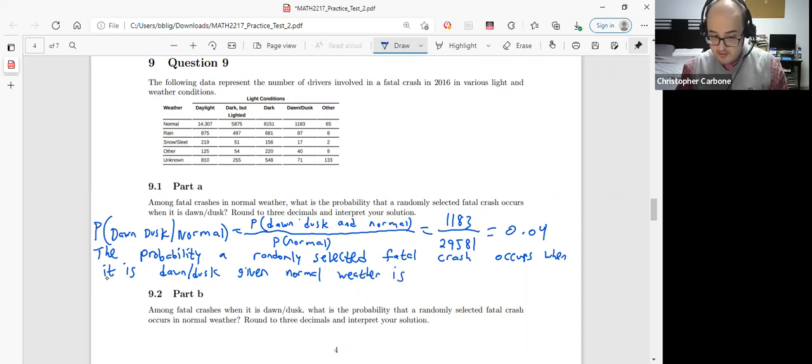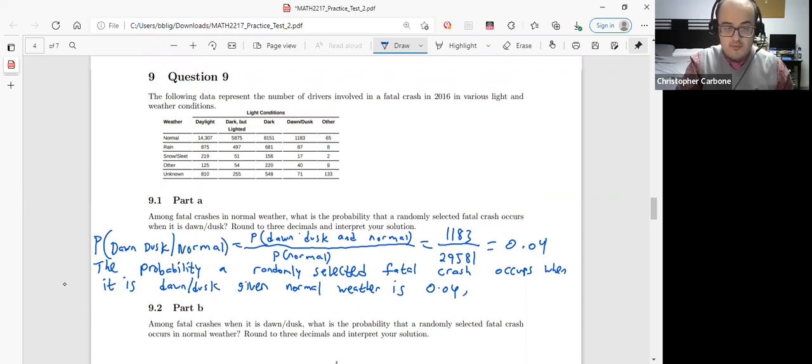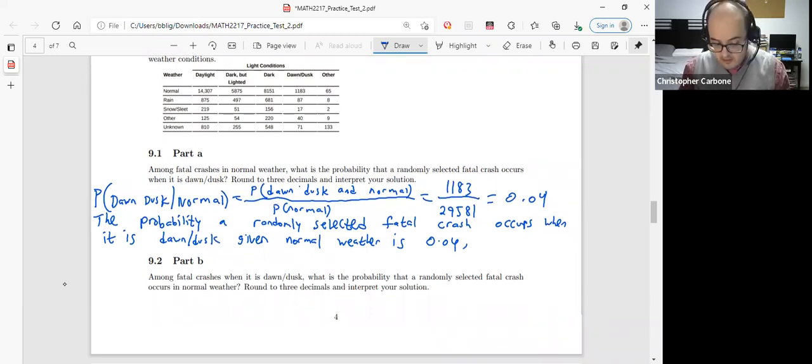So if we flip that for part B here, among fatal crashes when it is dawn or dusk, we want the probability that a randomly selected fatal crash occurs in normal weather. So this flips this. This is the probability of normal weather given it is dawn or dusk. So the numerator stays the same. That's the probability of normal weather and dawn or dusk.